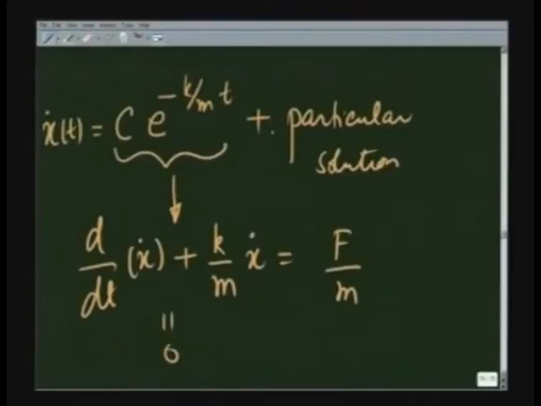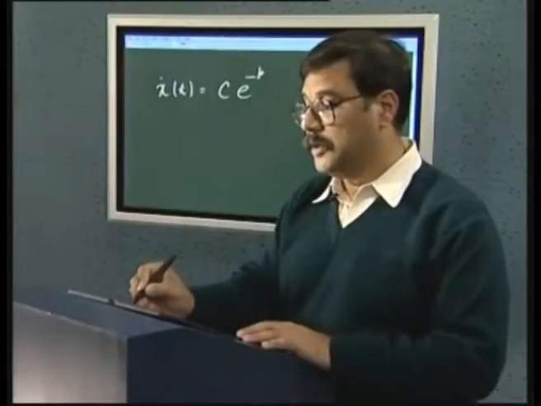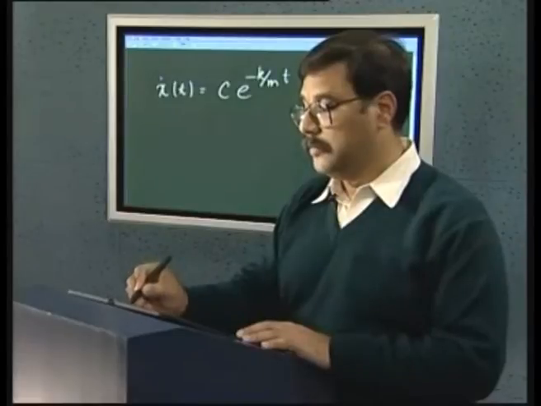The particular solution would refer to this term, and you can see the particular solution is going to be x dot is equal to F over k. I substitute this here and I get on the right hand side F over m, and therefore my general solution for x dot is going to be x dot of t is equal to c e raised to minus k over m t plus F over k.